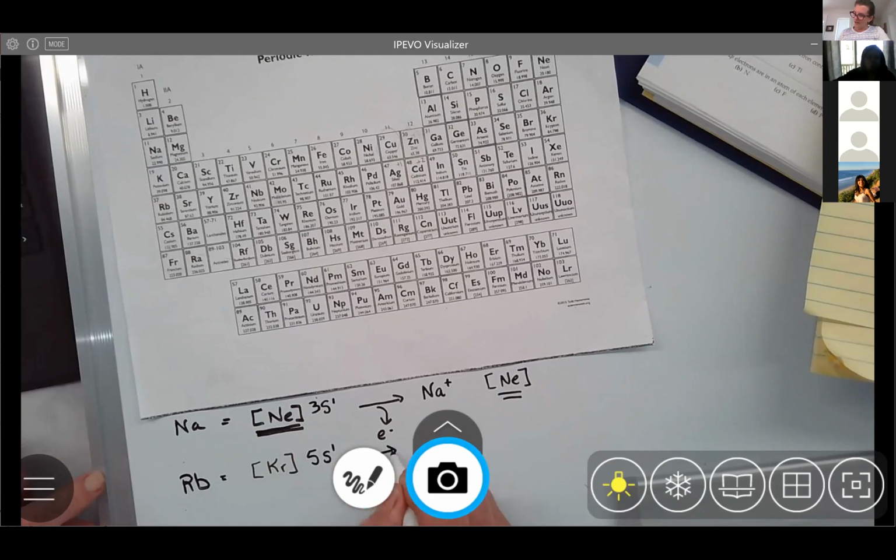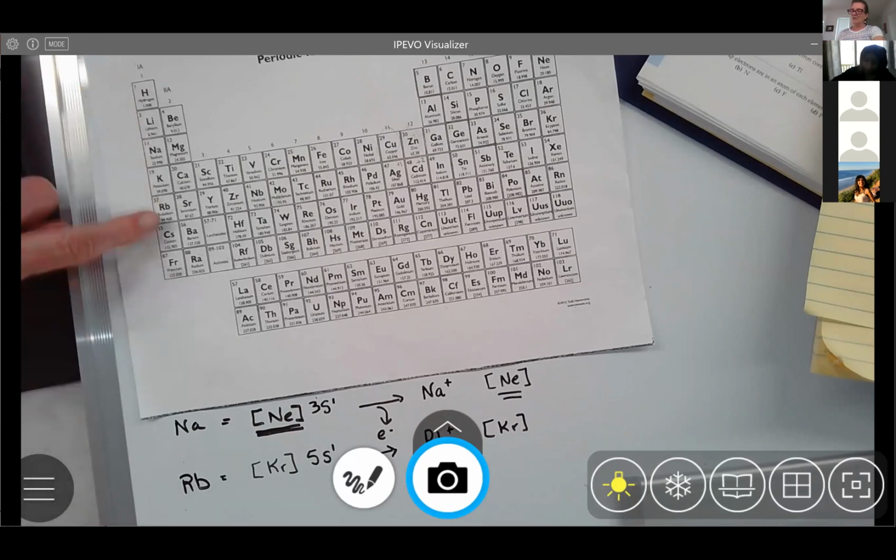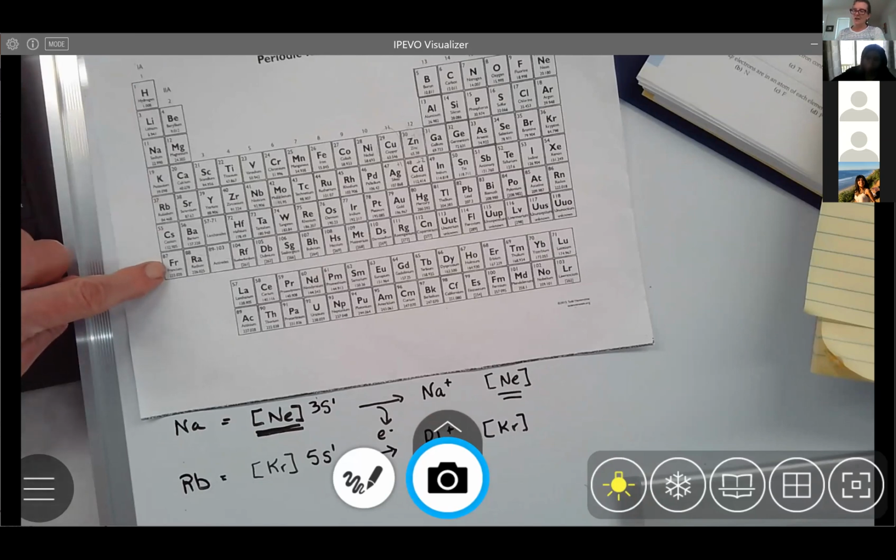When it becomes an ion, it will lose the 5s electron and become rubidium +1, and now it has the electron configuration of krypton. So the short answer is that group 1 elements become +1 because when they lose an electron, they obtain a noble gas configuration.